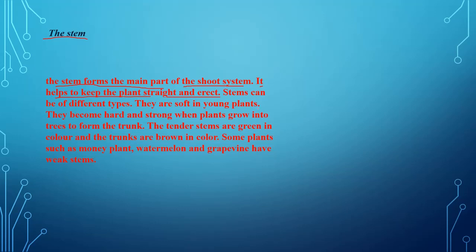Stems can be of different types. They are soft in young plants, but they become hard and strong when plants grow into trees, to form the trunk. This is a plant's trunk, not an elephant's trunk.